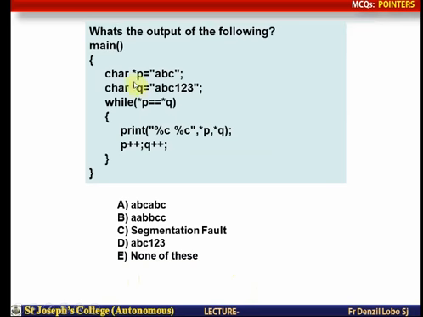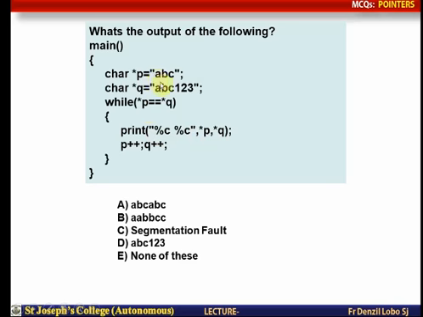Again here, two pointers, start assigning these values. Then while they are equal, you go on, incrementing P and incrementing Q. So what will happen here? What is the answer? Every time it is printing star P. So as long as they are equal, what is it going to print?